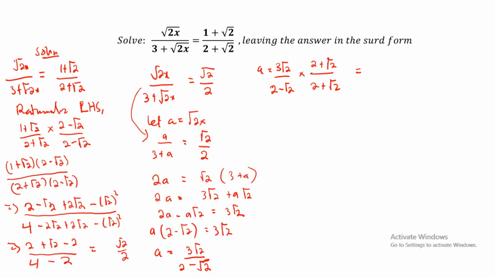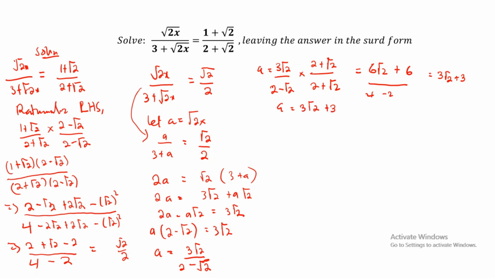And then this will give us, we just multiply straightforward, 6 root 2 plus 6 all over 4 minus 2. So this part will give you 2. And then when you divide, you get 3 square root of 2 plus 3. So a is equal to 3 square root of 2 plus 3.